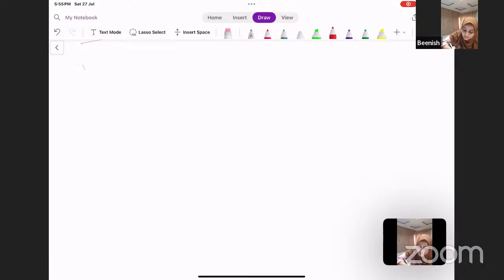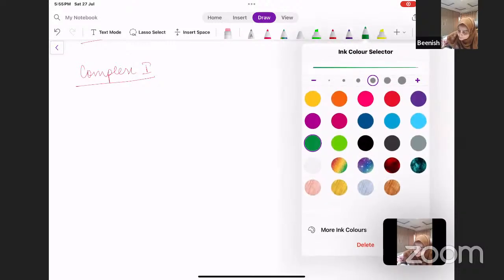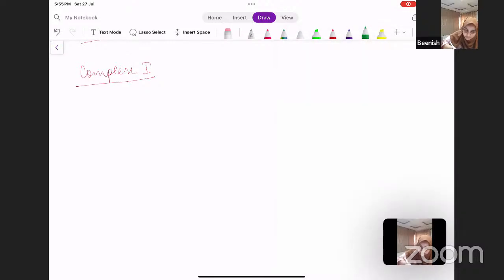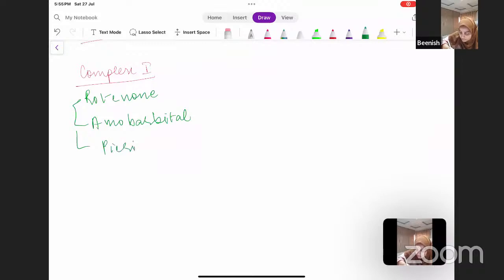So talking about the complex 1 inhibitors, they are rotenone, amobarbital, and piericidin A. Your rotenone and amobarbital are more or less working in a similar fashion.